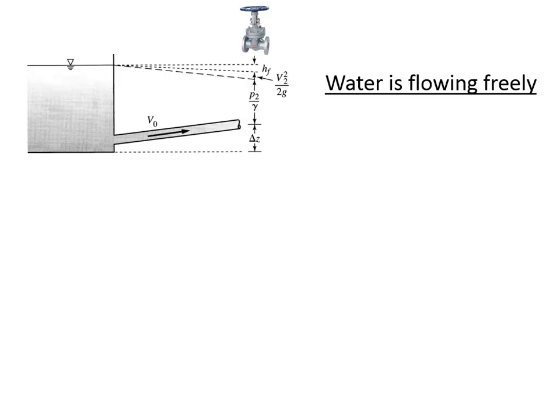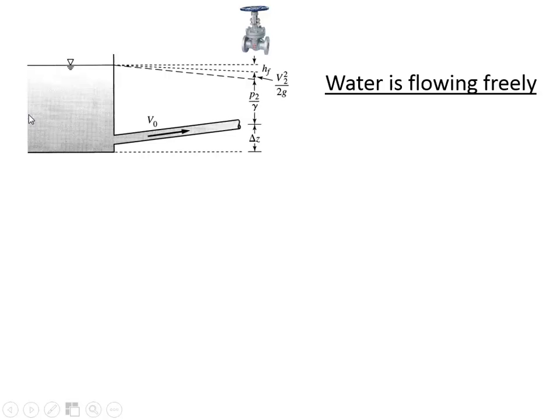Is that the same thing that happens in the old boilers? It can be, yeah. When you have a reservoir and there's a long pipe, and at the end of that pipe is a valve. Now let's just take a look at the things that are being illustrated here.